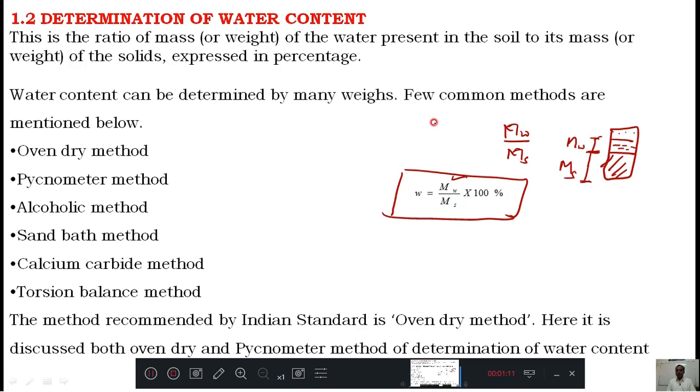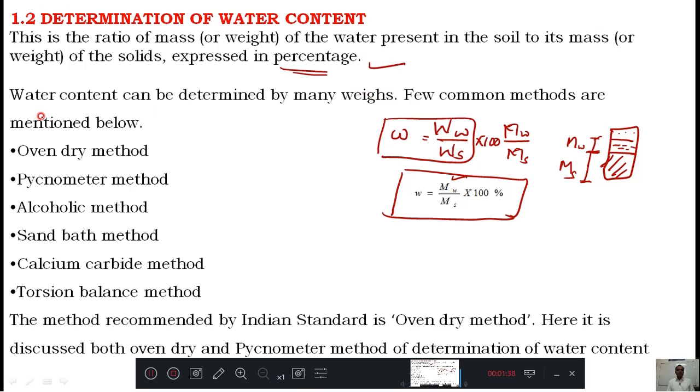You can even measure it in terms of weight: the weight of water to the weight of solids. This is the ratio of mass or weight of water present in the soil to its mass or weight of solids, expressed in percentage. If you multiply by 100, you express it as a percentage.